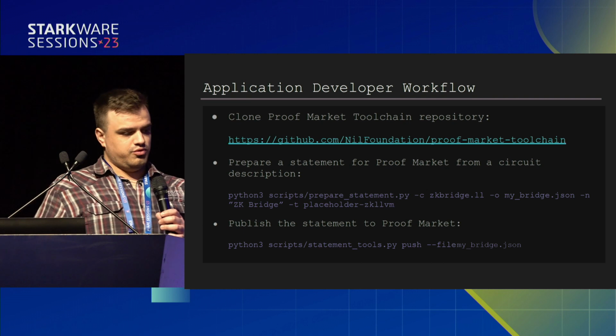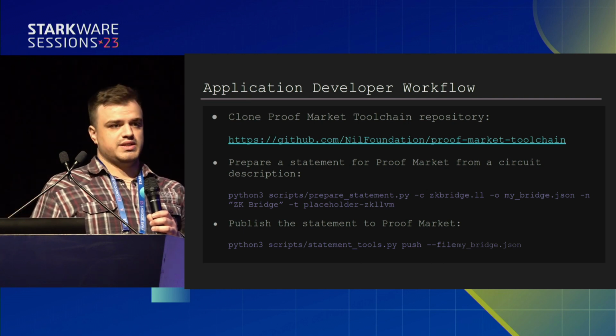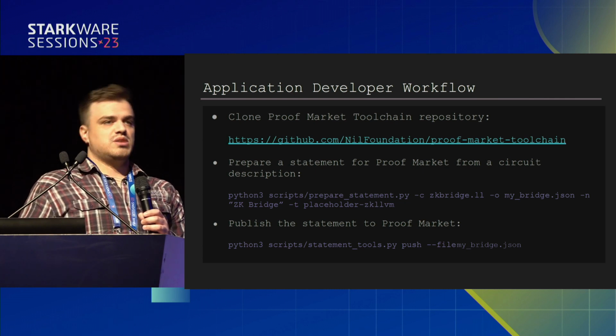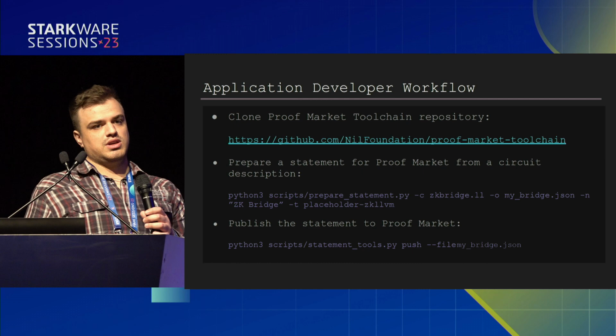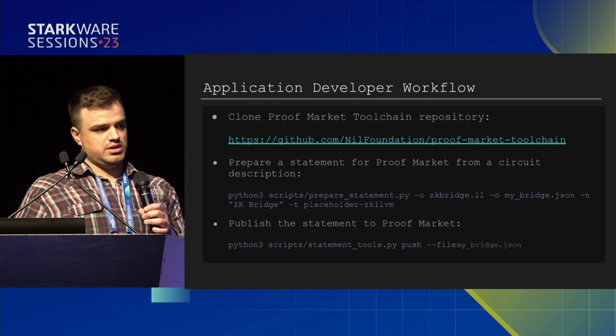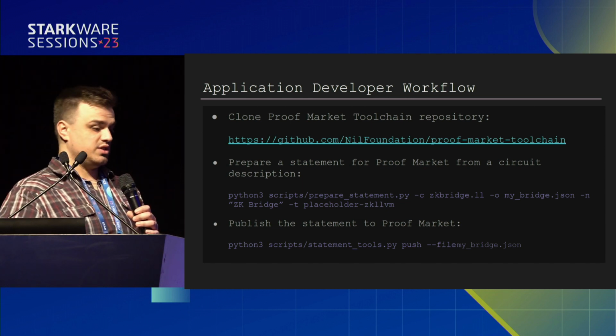Firstly, the developer should prepare a statement, which is structured and contains a circuit description, proving and verification keys for the circuit, and some extra information like a short description of what the circuit actually does, type of proof system, URL to the repository, all that stuff. And then they can just send the JSON description of the circuit to Proof Market. From now on, any proof producer can prepare proofs and get requests for this circuit.